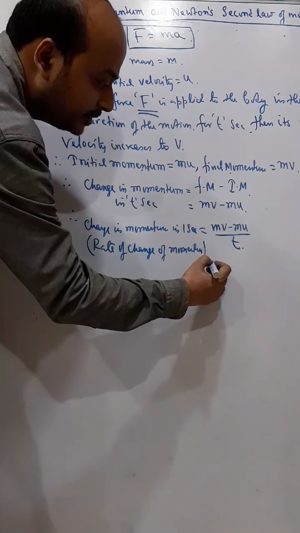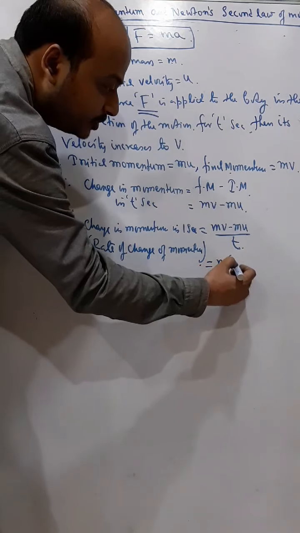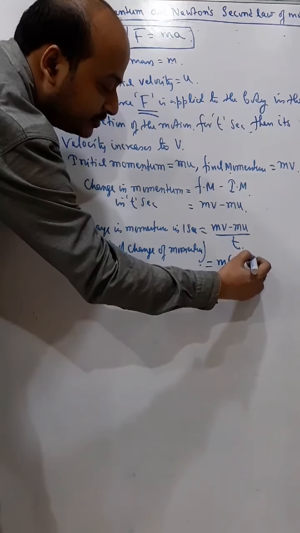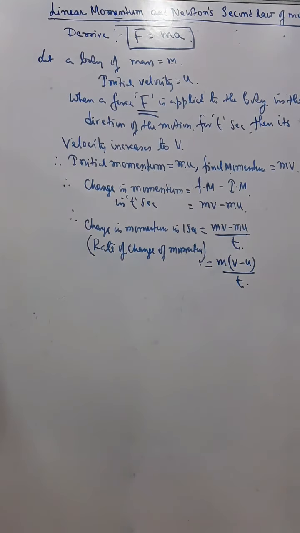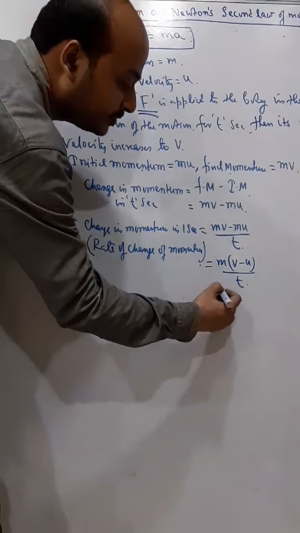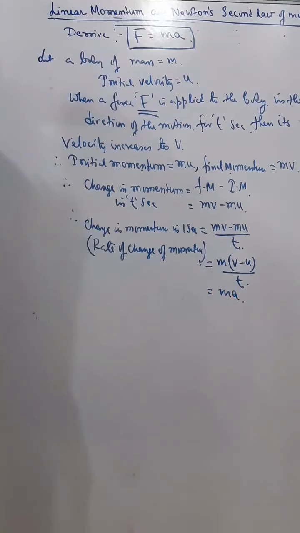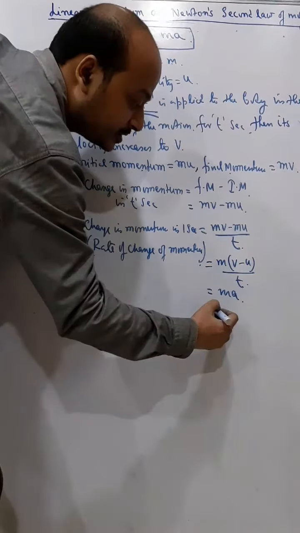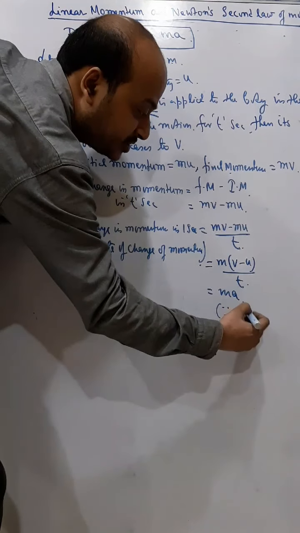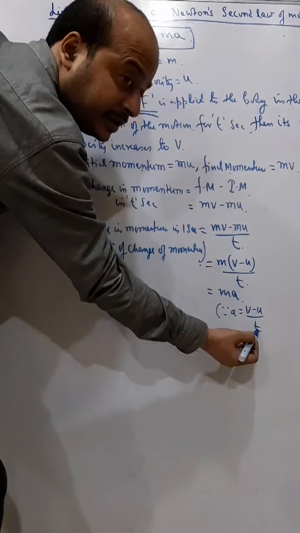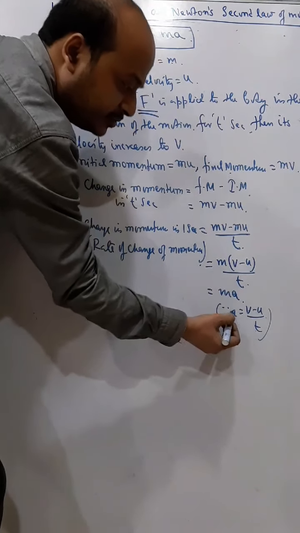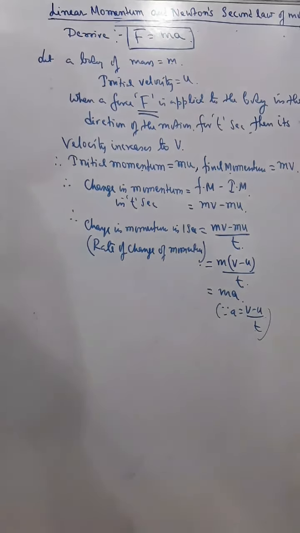So finally what did we get? If I take m common, I get m into (v minus u) by t. You know why? Since acceleration means (v minus u) by t, that's change in velocity by time, change in velocity per second, and you know this equation of motion, a equals (v minus u) by t.